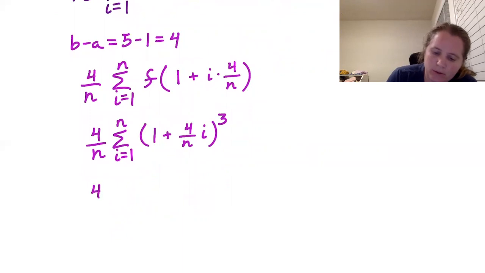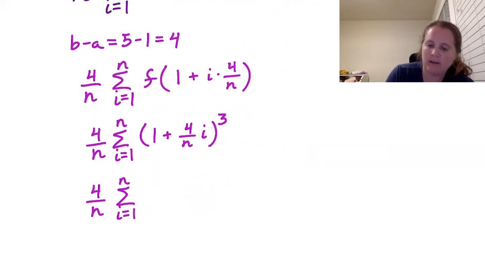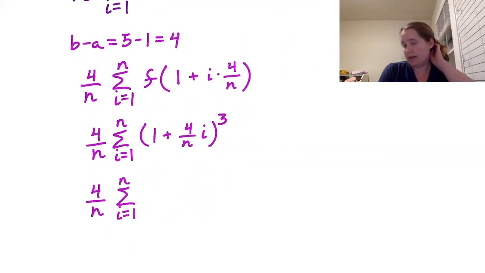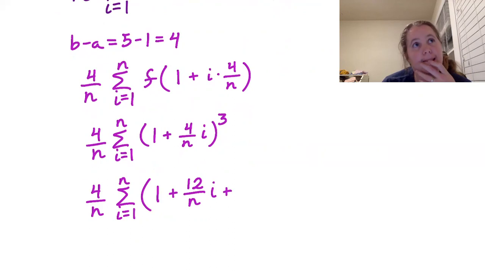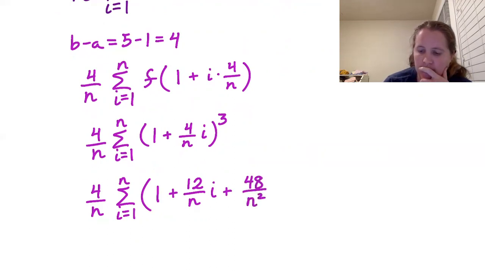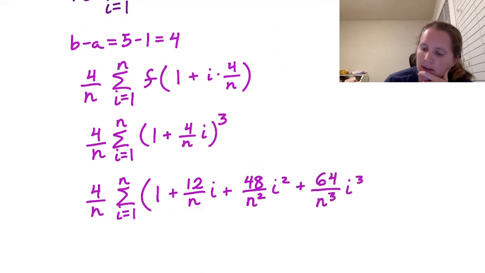So we have 4 over n times the summation from i equals 1 to n. 1 plus 4 over n i cubed becomes 1 plus 12 over n i plus 48 over n squared i squared, and then plus 64 over n cubed i cubed.